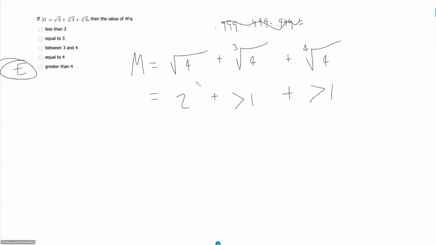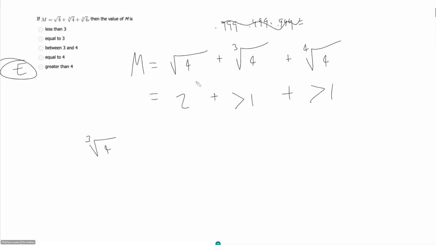Another way to think about it is, if we want to estimate the cube root of 4, we can ask ourselves, what perfect cubes do we know? Because it's got to be between those. 1 cubed is 1, 2 cubed is 8.